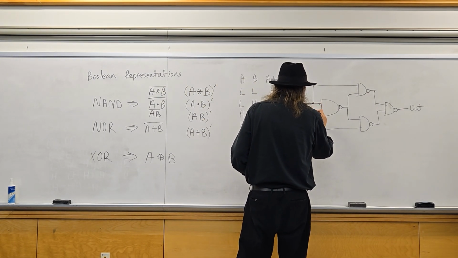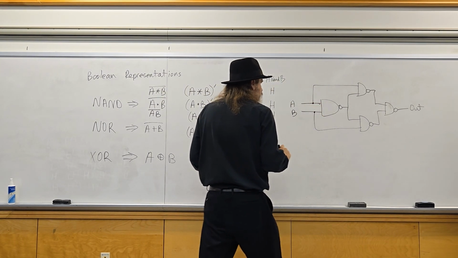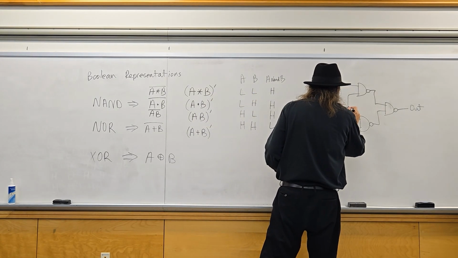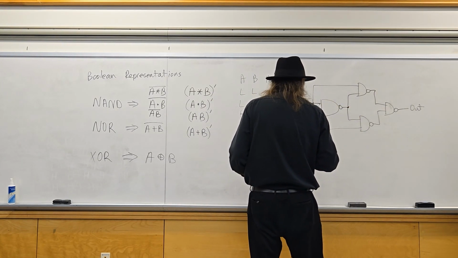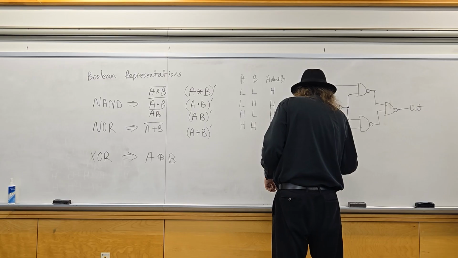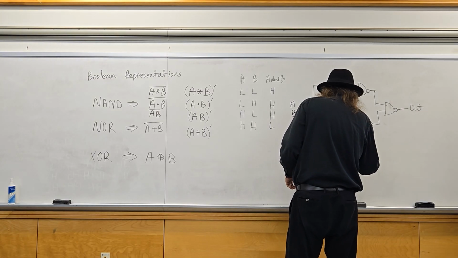Let's go ahead and trace through and get the state table for the XOR. You've got A, B, XOR.